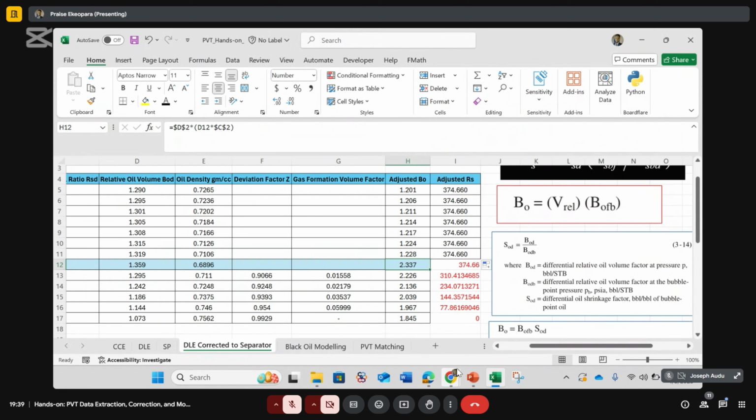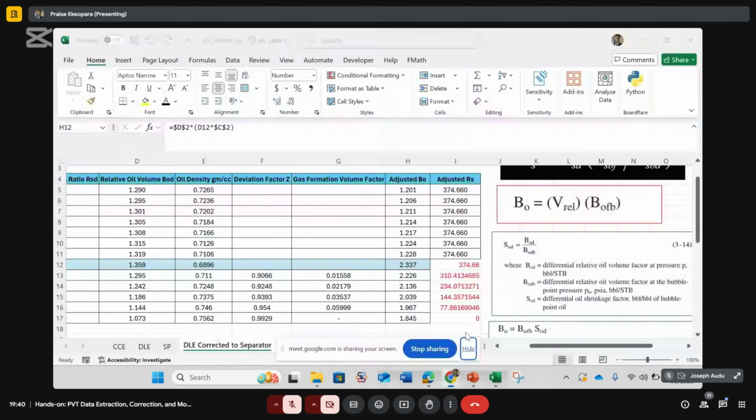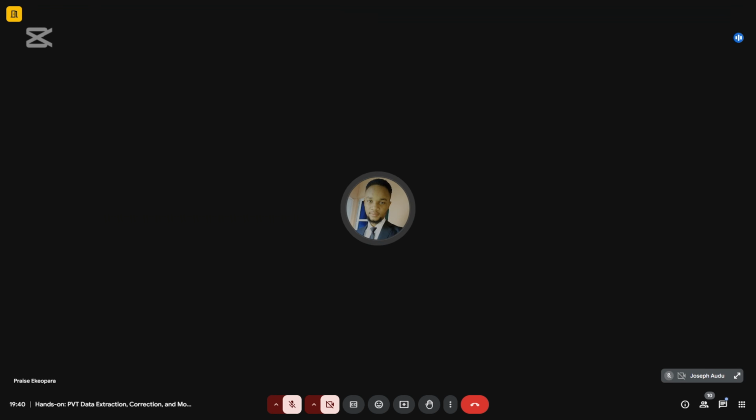Okay, I'm going to stop sharing now because I need to transfer this sheet to another system. Just give me a minute. So let me just go ahead and transfer this to another system.